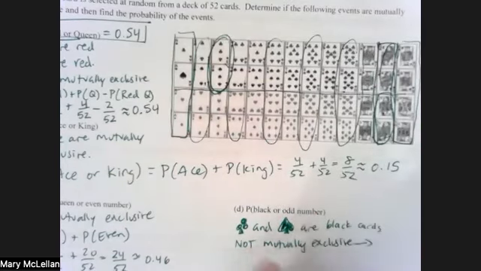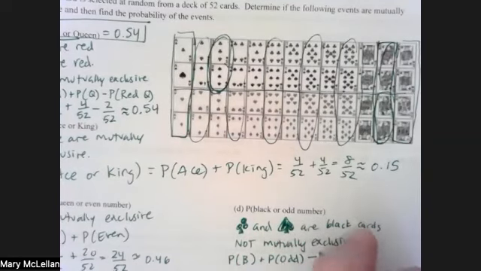So I need to use my longer formula. And this is going to be the probability of a black card plus the probability of an odd card minus the probability of an odd black card.